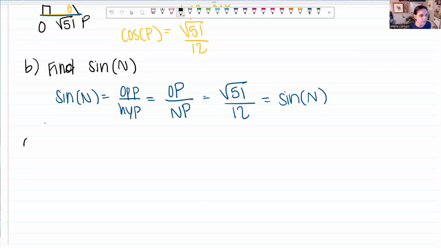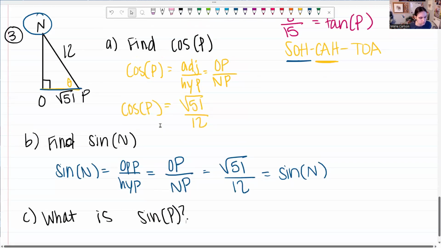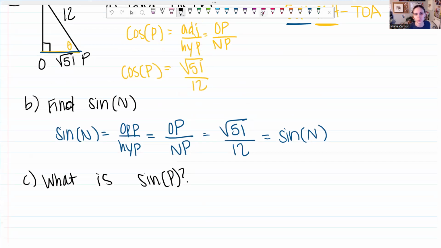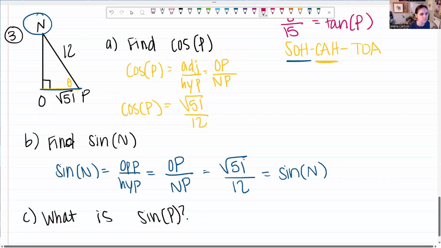Part C, I am going to find sine of P. So if I look at P, there we go.